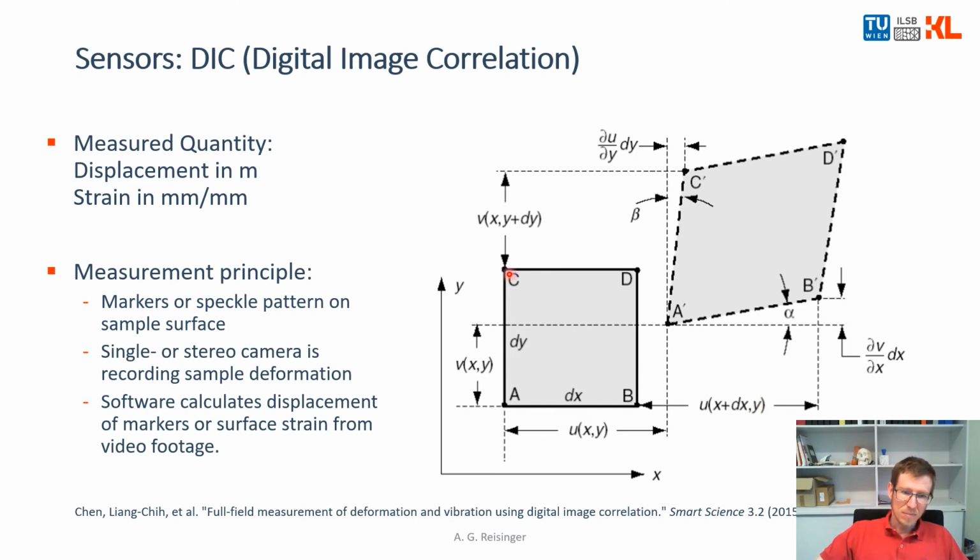So for example, you have 4 points A, B, C, D, and you know how they move in space over time. You can calculate the strain of the surface. And then the unit is millimeter per millimeter. If you would like to know more, there is a lot of mathematics going on, so you can read these publications or go into other literature.